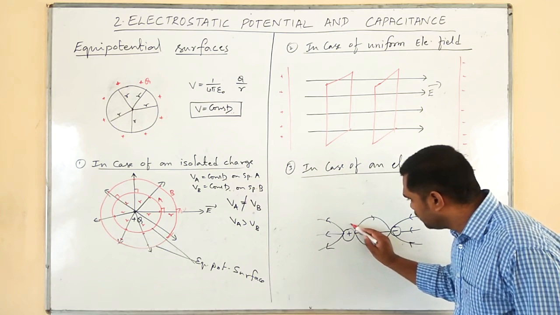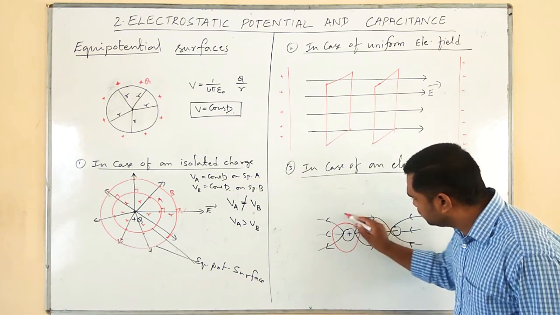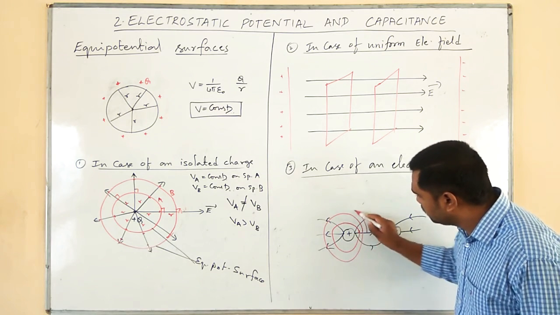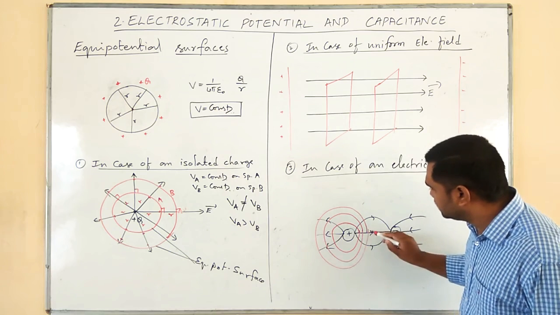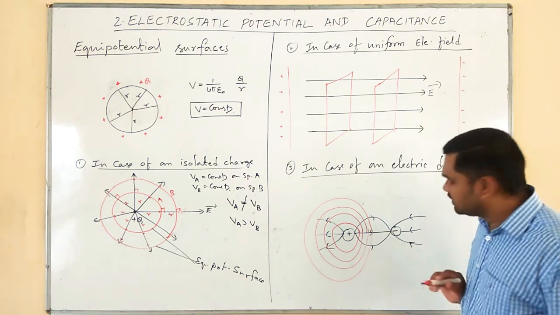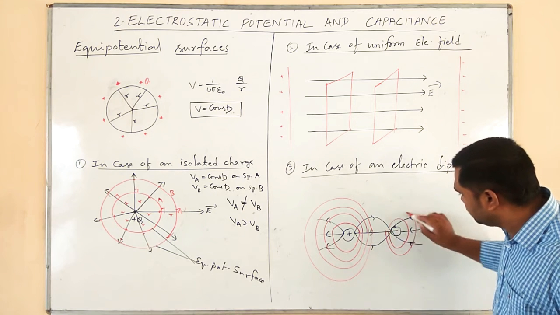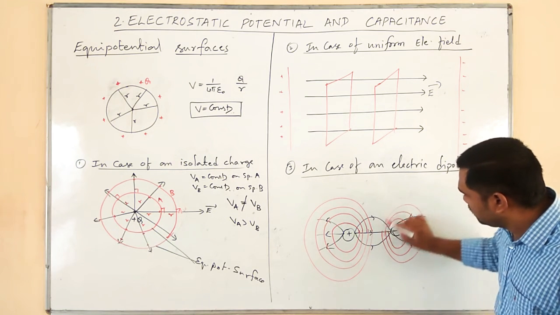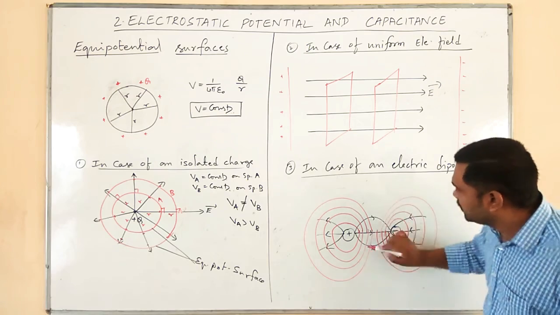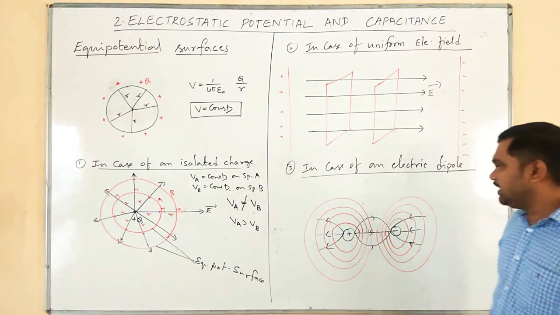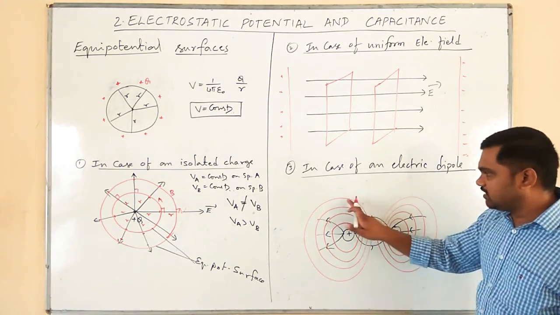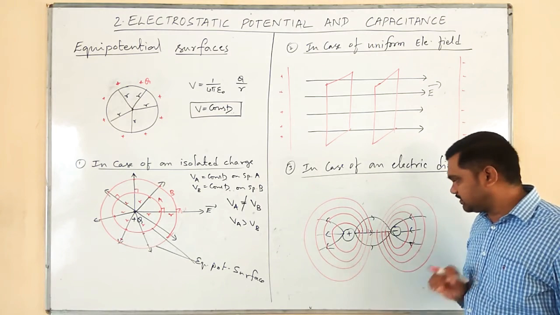Therefore, they will be very close, like this. Similarly, here, like this we can draw the equipotential surfaces. All these are equipotential surfaces.